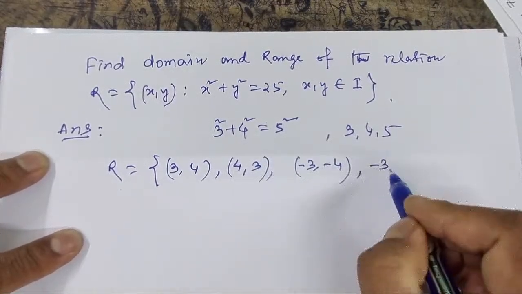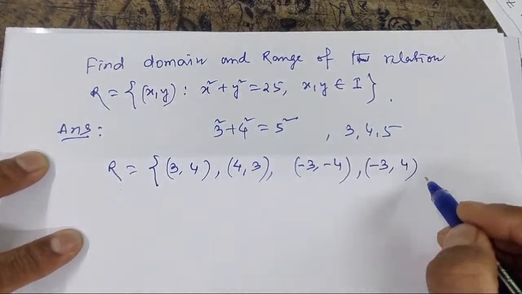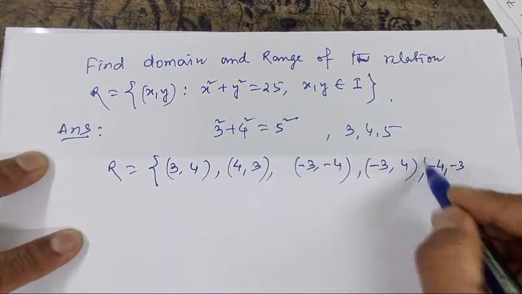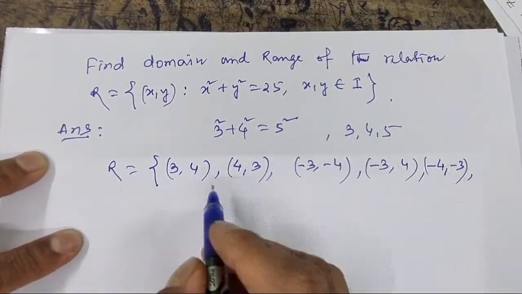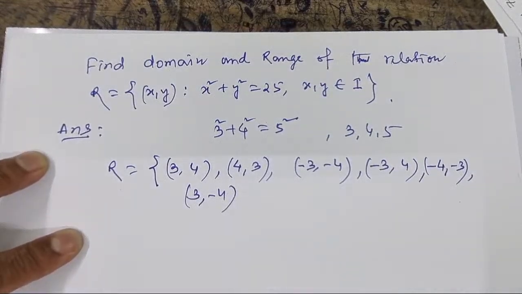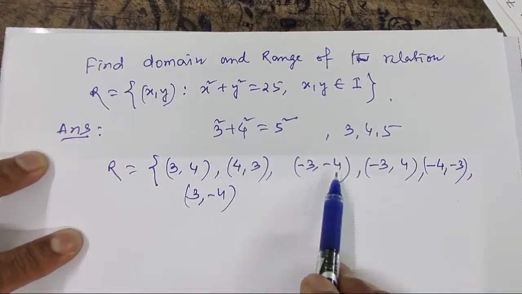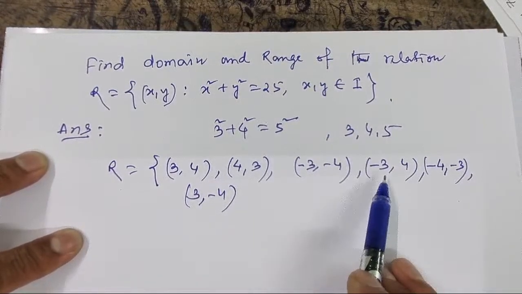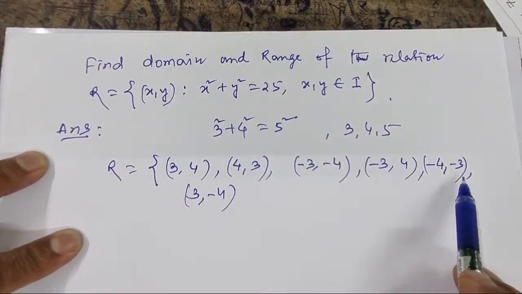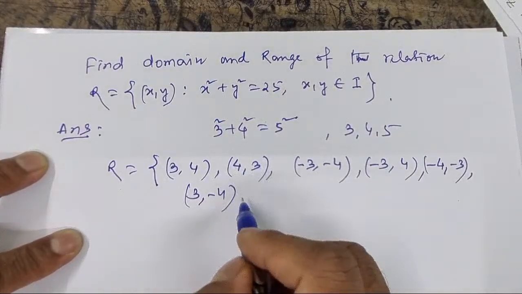Minus 3, plus 4 is also possible. If I take minus 4, minus 3, also possible. Also plus 3, minus 4 is possible. Check: (3, 4), (4, 3), (-3, -4), (-3, 4), (-4, -3), (3, -4). Like that way we can take.